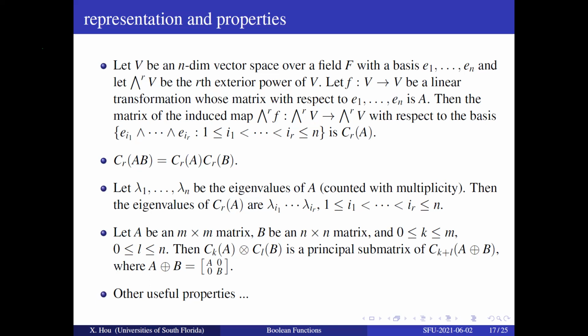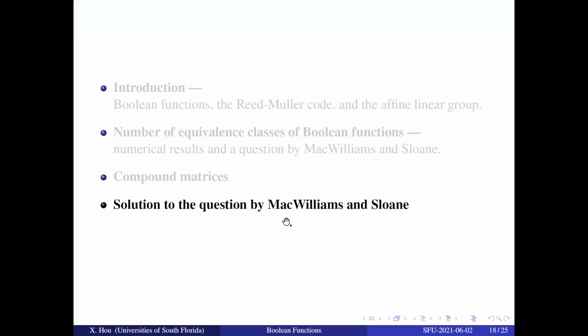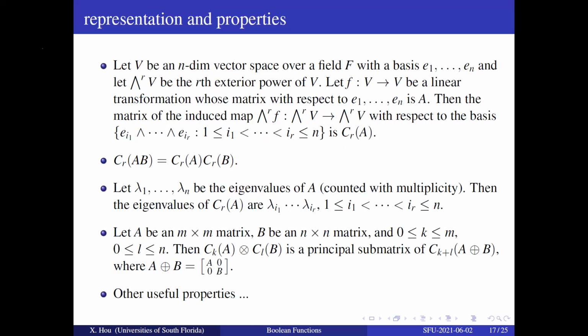You simply form the product of all possible r eigenvalues, including multiplicity, and then you will get all the eigenvalues of the compound matrix, including multiplicity. So there is an easy way to tell the eigenvalues of the compound matrix from the eigenvalues of the original matrix.